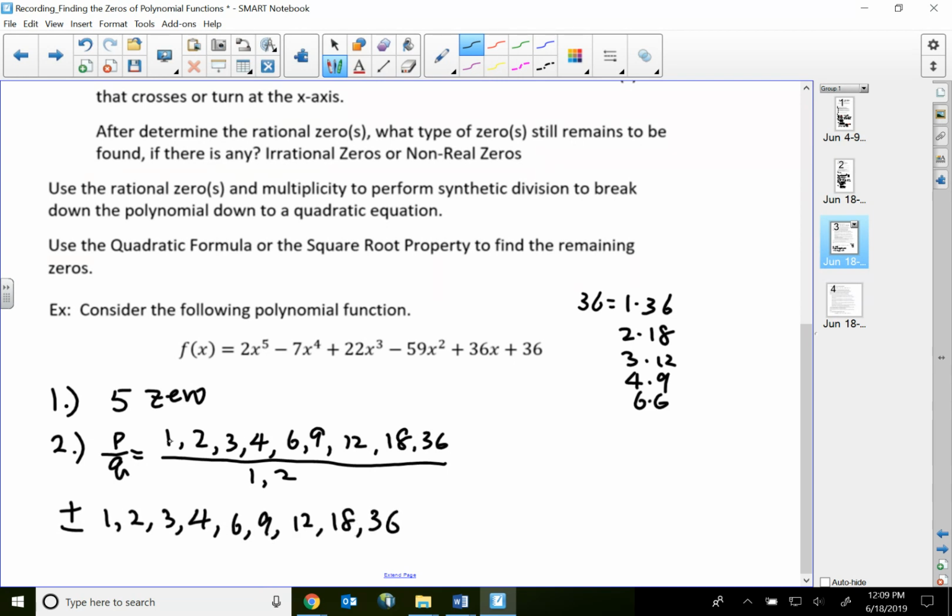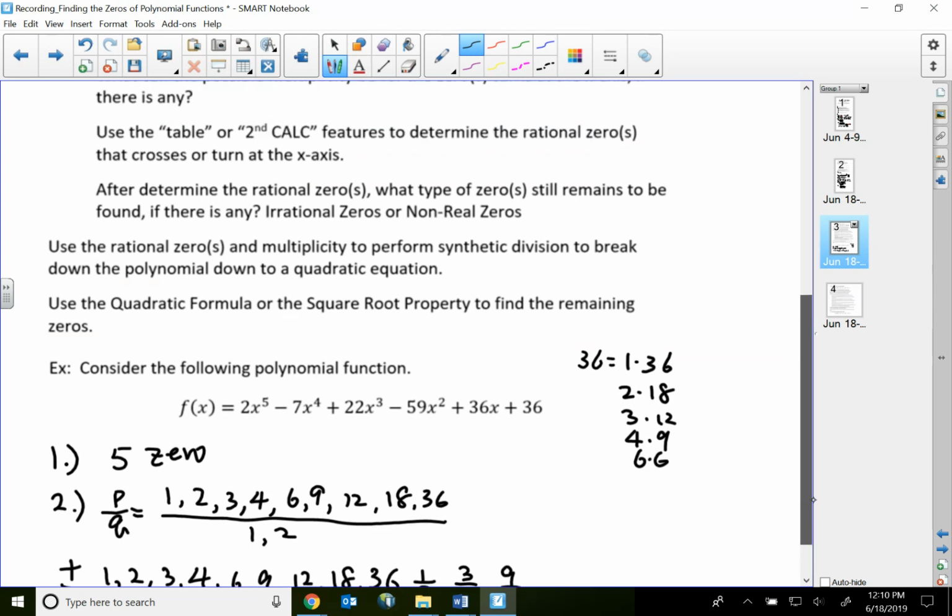Let's do the 1 over 2, that's 1/2. 2 over 2 is 1, got it. 3 over 2 is 3/2. 4 over 1, 4 over 2, got it. 6 over 1, 6 over 2 is 3, got it. 9 over 1, 9 over 2, I don't have. 12 over 1, 12 over 2, got it. 18 over 1, 18. All right, so that's it. These are the positive and negative P over Q.